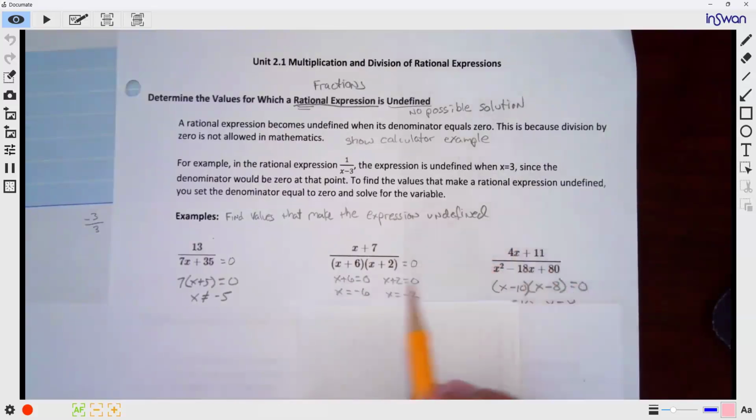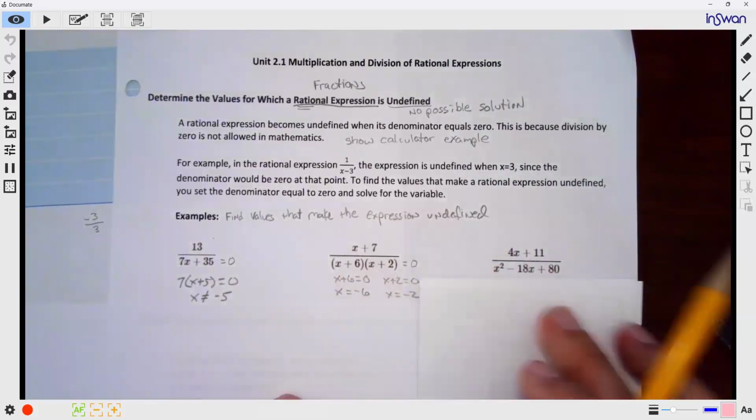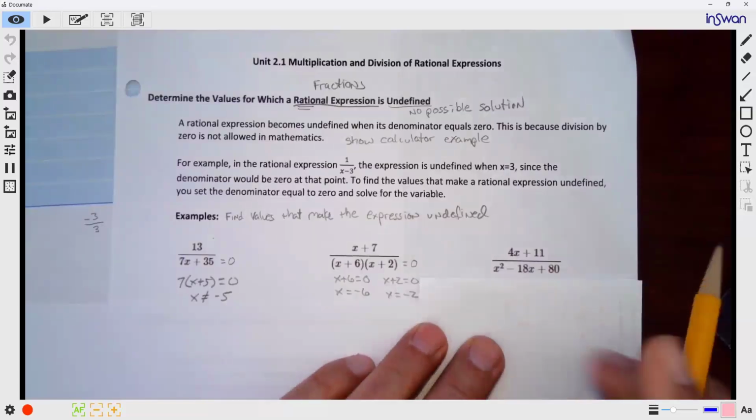Here there'd be two answers that cannot be allowed as values for x. You cannot ever give it a -6 or a -2. If you put -6 in here, that becomes 0 because it's -6 plus 6. 0 times anything is 0. That creates a 0 in the denominator. Likewise with the -2.